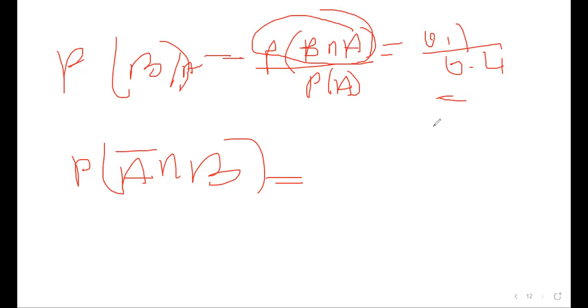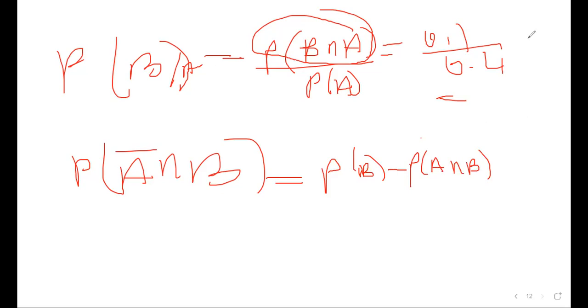So this is about what is going on here in terms of the probabilities. Now, if we are to find the probability of A complement intersection B, it is equal to the probability of B minus the probability of A intersection B. This is about what we have on this one.